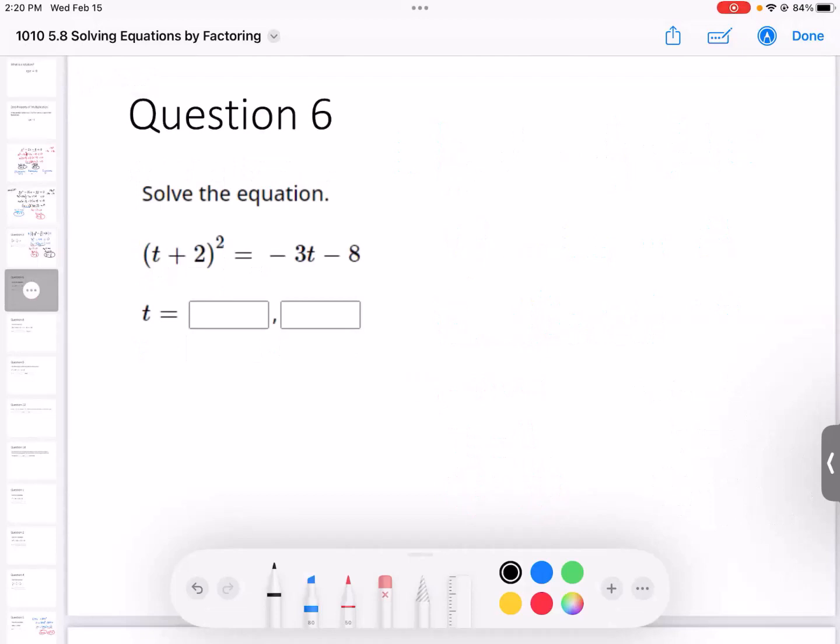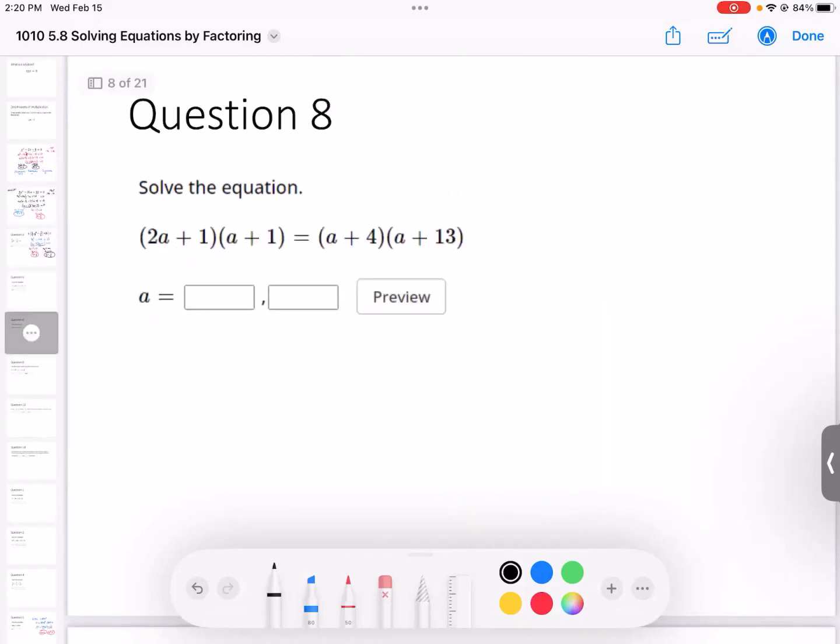All right, so on question 6, and this is also true on question 8, they're giving you the polynomial in factored form, but in order to find the solutions, you need to be able to have the factors equal to 0.